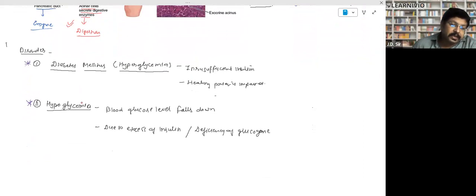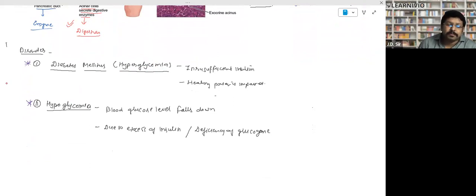Diabetes mellitus or hyperglycemia, right? Hyper means more, glycemia means glucose. So diabetes mellitus, which we generally call sugar or diabetes, is basically hyperglycemia.